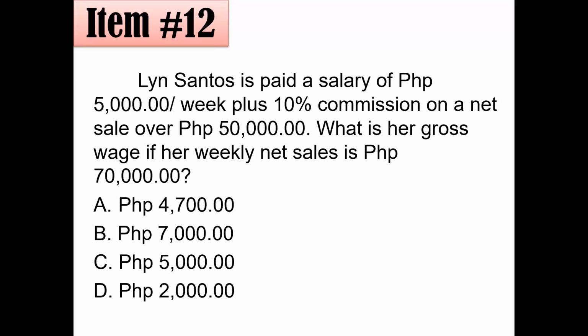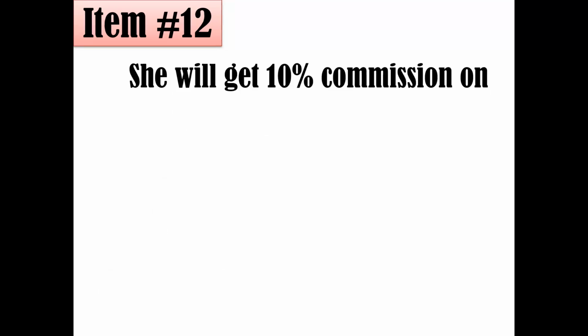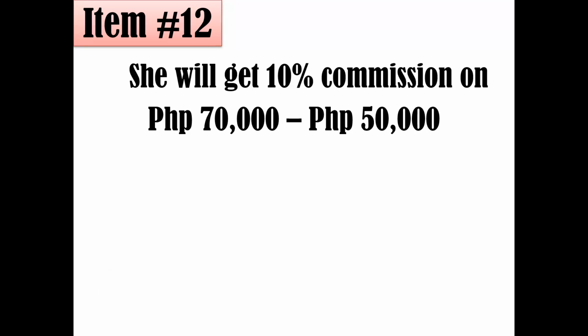So to do this, she will get 10% commission on 70,000 minus 50,000, which is just 20,000 pesos. Nagtatanong ko, sir, bakit ganyan? Di ba? Nakasaad po sa ating problem. It states that she will get 10% commission on those sales that are above 50,000 pesos.